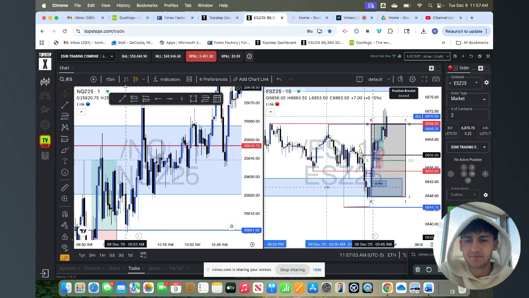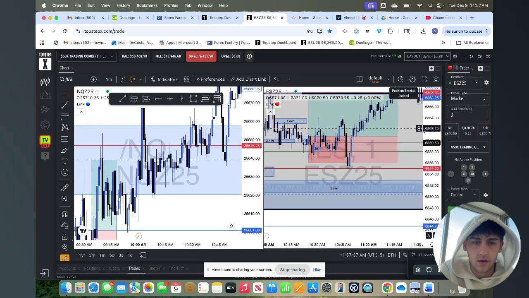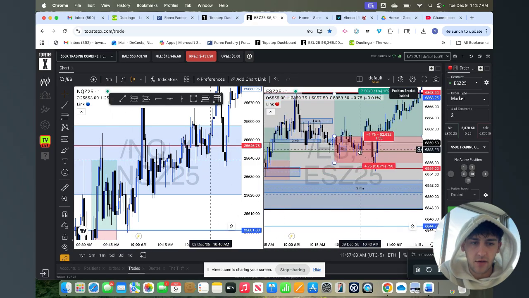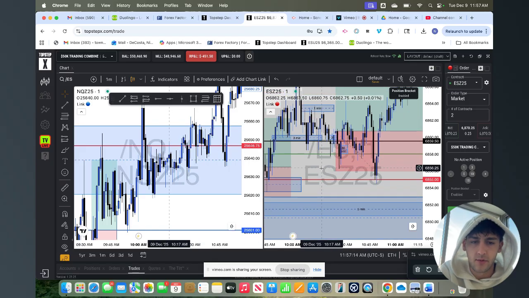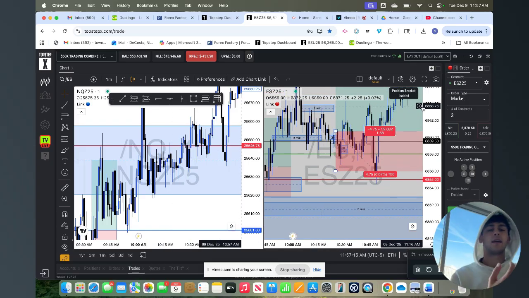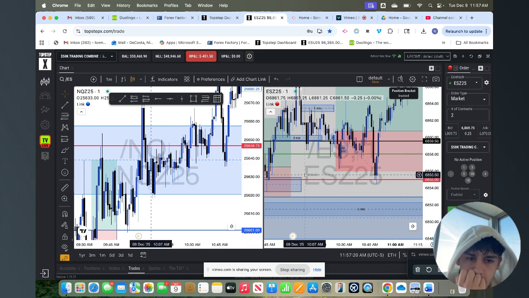That's our range. This is the equilibrium play I always talk about. There wasn't a fair value gap located at where equilibrium was, so that's why it probably didn't hit as well as I wanted it to. Or, I mean, it did hit, but it wasn't as clean as I'd like it to.